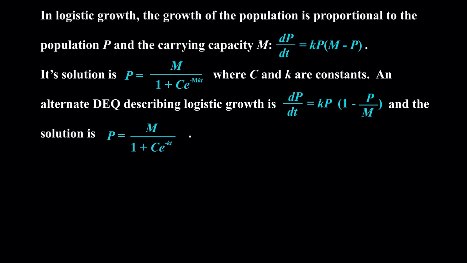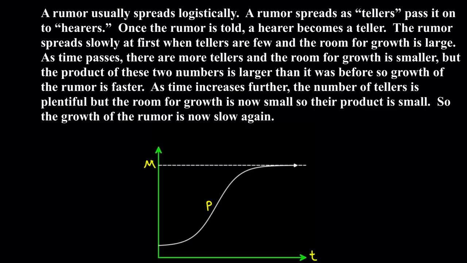All right, so let's go ahead and take a look at a specific example here. A rumor usually spreads logistically. A rumor spreads as tellers pass it on to the hearers. Once the rumor is told, a hearer becomes a teller.